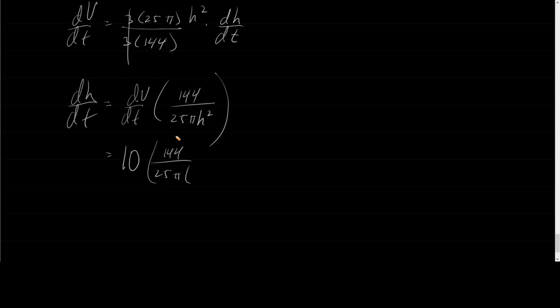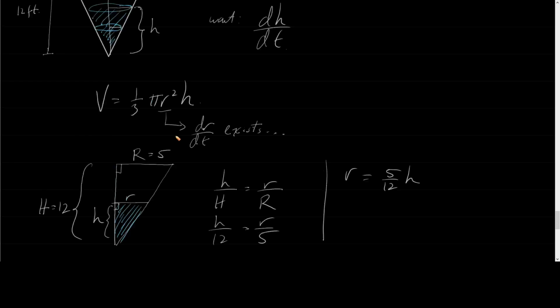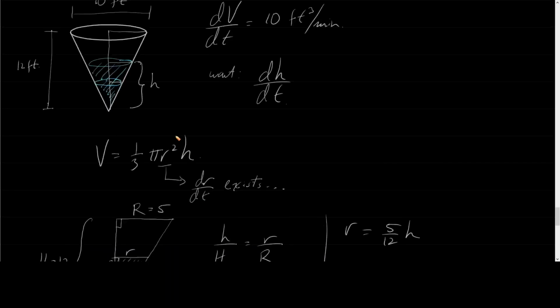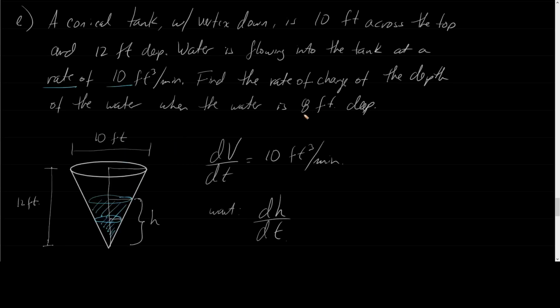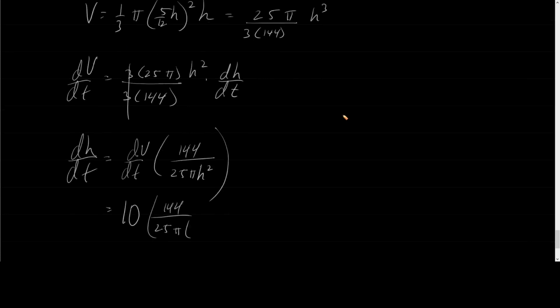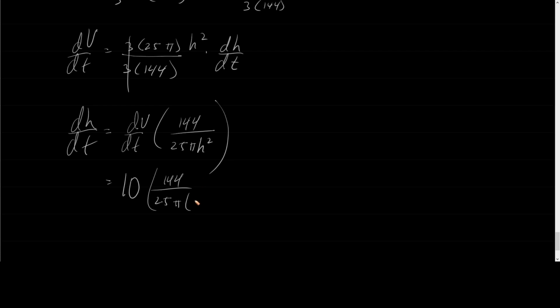What was the height at this point? At this specific point, the height was, where did I write it? There it is. We were caring about this when the height was 8 feet deep. So h is 8. So here I have 8 squared, right? And let's see what that gives us.